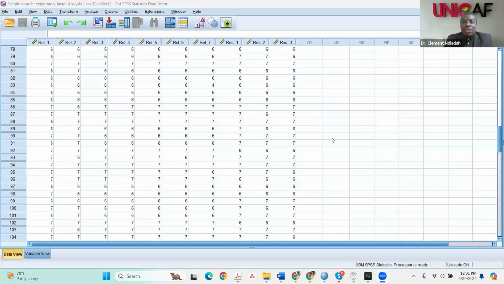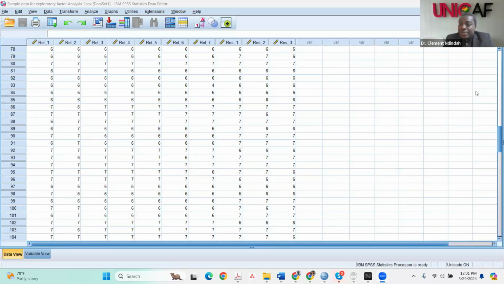We have two types of factor analysis: exploratory factor analysis and confirmatory factor analysis. The next presentation is going to be on confirmatory factor analysis. For now, we are first of all going to look at exploratory factor analysis.